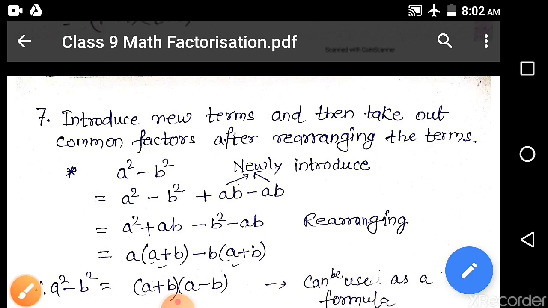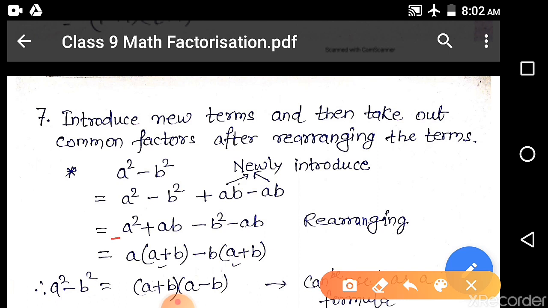Now we rearrange the terms: a square plus ab and minus b square minus ab. What can be taken out common? Here a can be taken out common and a plus b is left inside the bracket, and here minus b can be taken out common and a plus b is left inside the bracket.